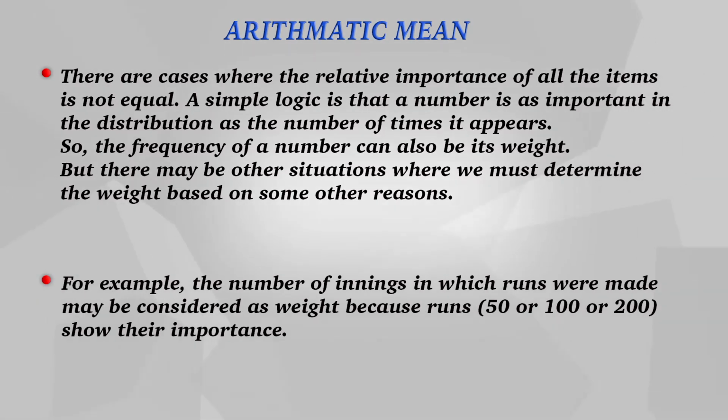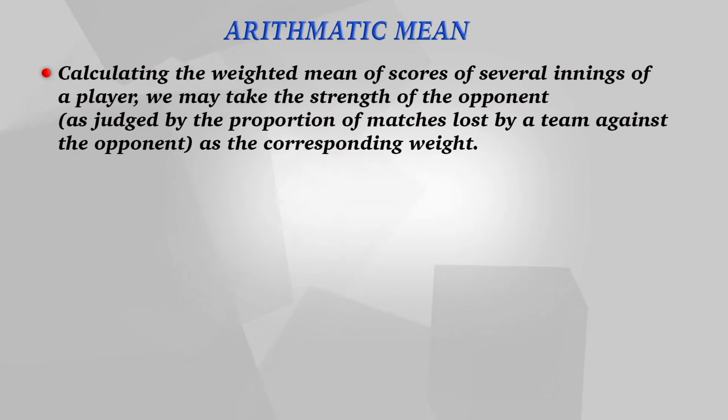For example, the innings in which runs were made may be considered as weights, because runs, that is 50, century and double century, show their own importance. In calculating the weighted mean of scores of several innings of a player, we may take the strength of the opponent, as judged by the proportion of matches lost by a team against the opponent, as the corresponding weight.